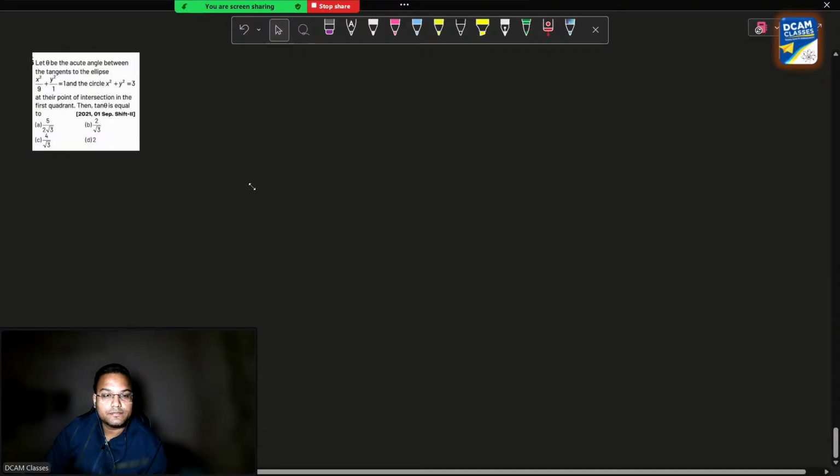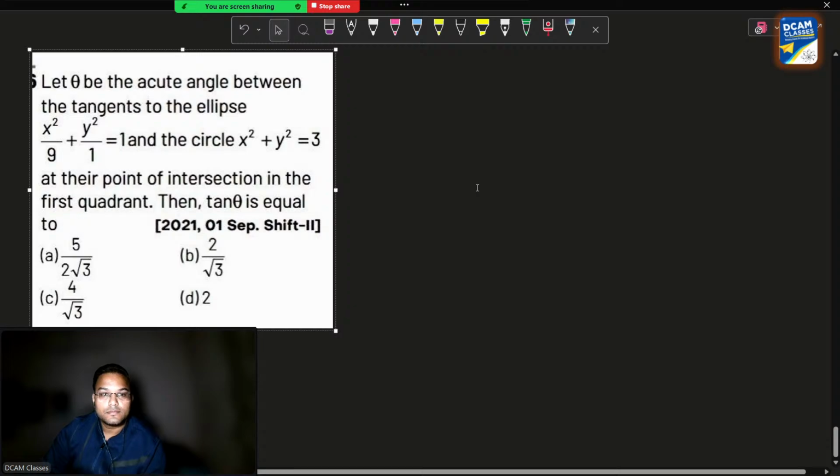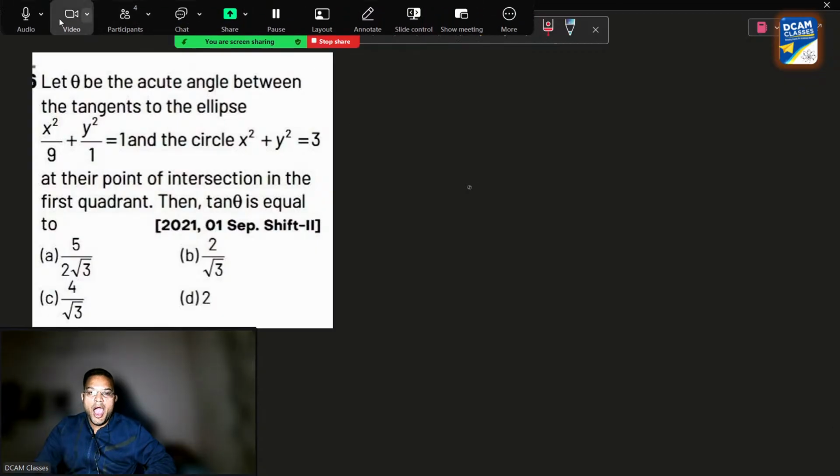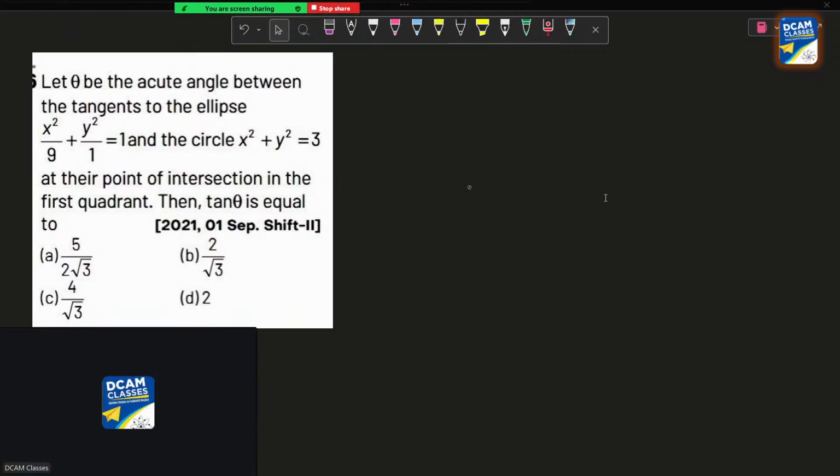Attempt this one. This is an ellipse and a circle. First, you try to think of a way to solve this question. If you're not getting any idea, I'll give you an idea. If you have got the idea, try solving it.